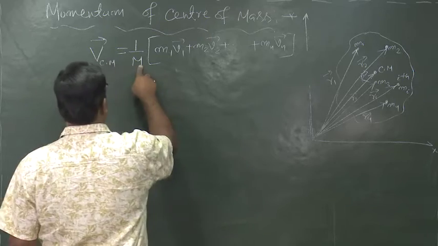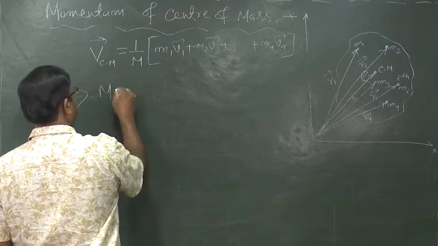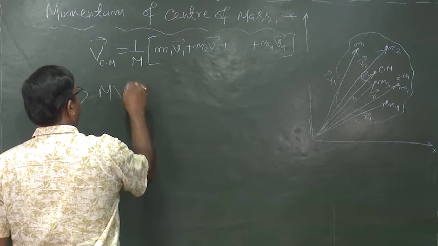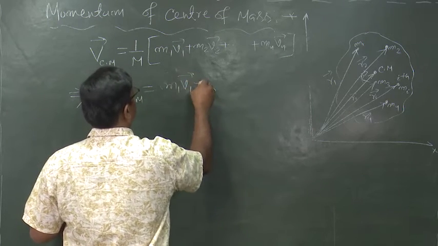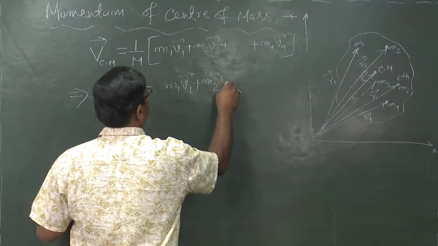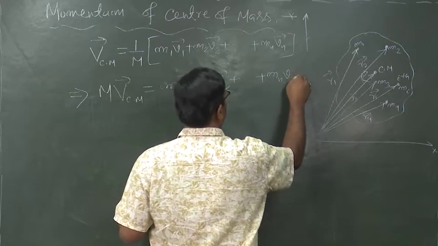Now, taking m to this side, we can write this as m vcm is equal to m1 v1 plus m2 v2 plus up to mn vn.